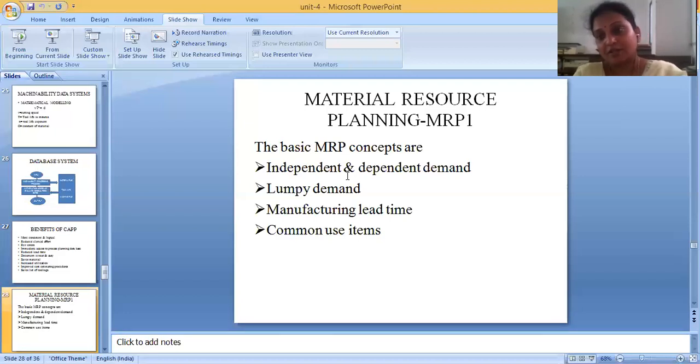We have non-productive work, like moving from one machine to another machine, shifting the component from one place to another, turnaround time, the time wasted by the operator. All these things are non-productive work. So manufacturing lead time will include both productive and non-productive work. Next one is the common use items. Common use items are consumed very fast.